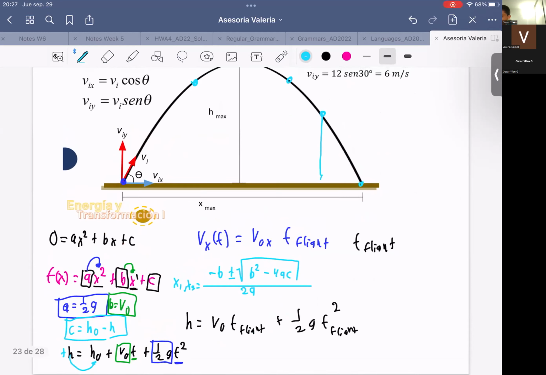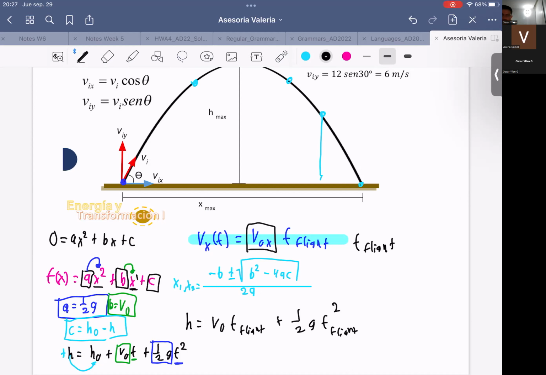For example, the x position, if you remember the formula, it's in here. The V0x we get from the beginning because it's just calculating the magnitude. But the time of flight depends on this stuff.